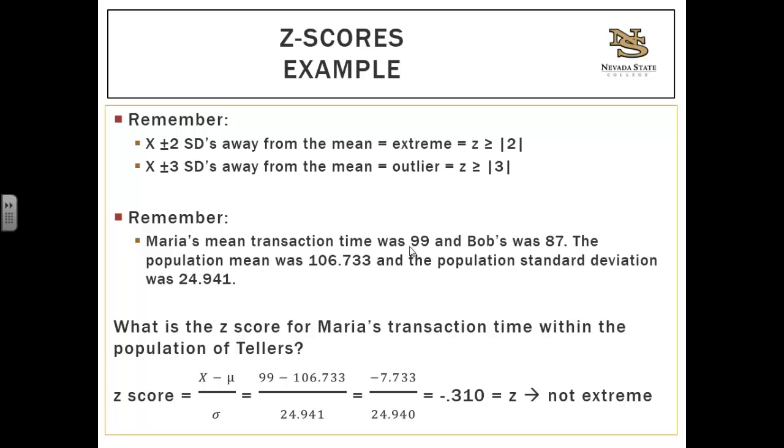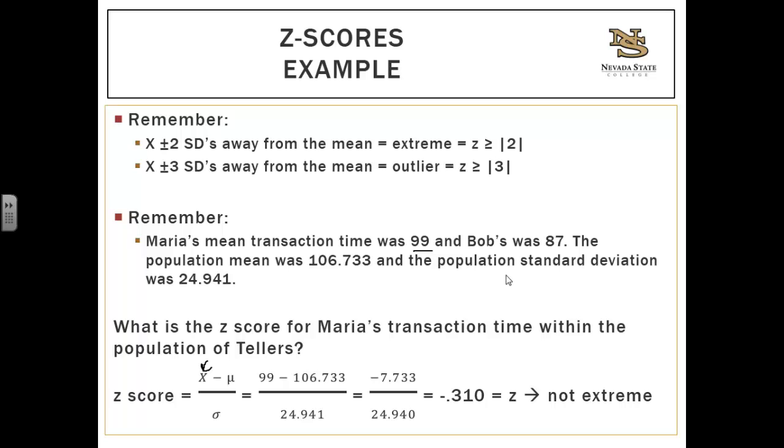Now I'm treating Maria's mean transaction time as an x value because I'm not comparing one of her transactions to the mean of all of her transactions. I'm comparing the mean of all of her transactions to the mean for everybody in the population. So I'm treating this as an x.